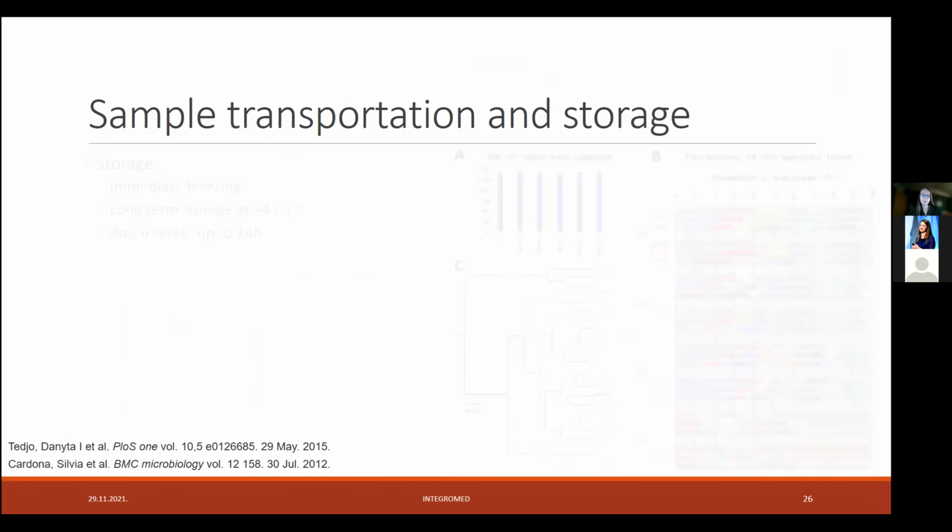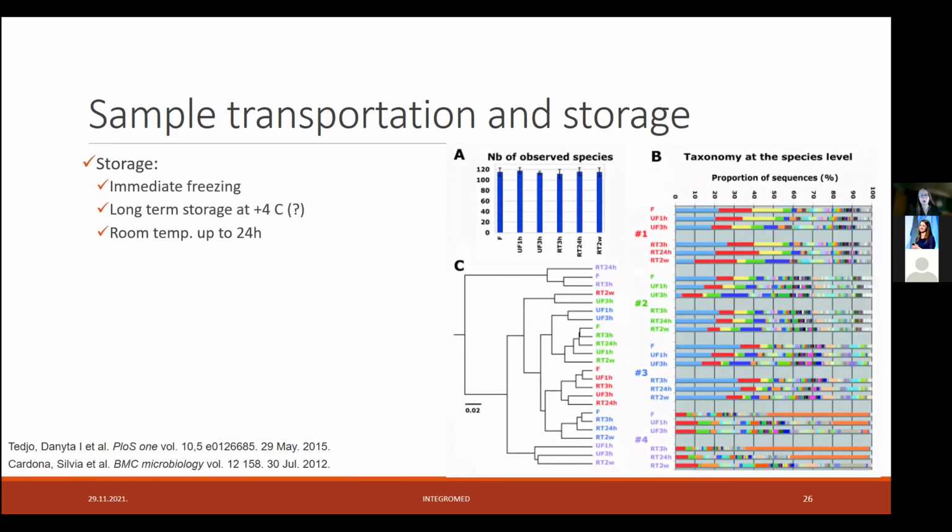Shortly about sample transportation and storage. The best method would be immediate freezing after the collection, but of course I know it's not always possible, especially if you're talking about patients and sample collection at home. There have been some studies discussing long-term storage at +4 degrees, and there's a question of how long is long-term.